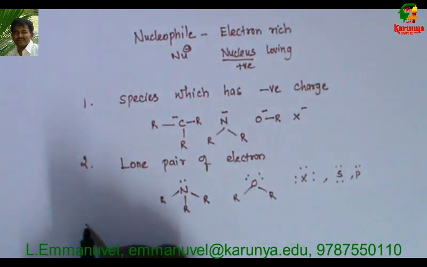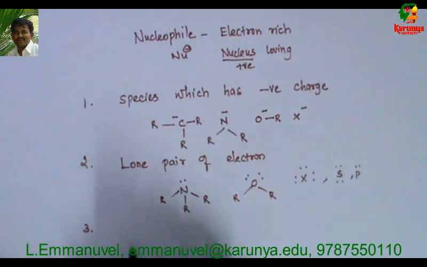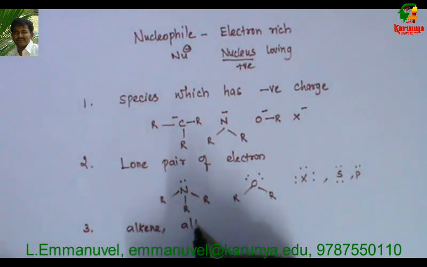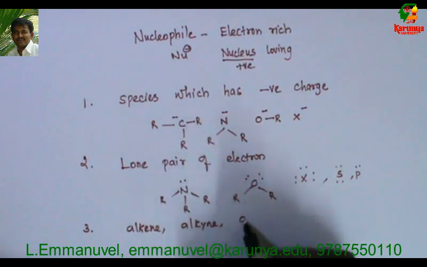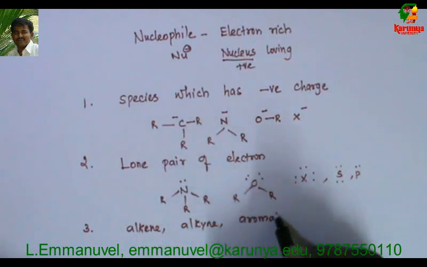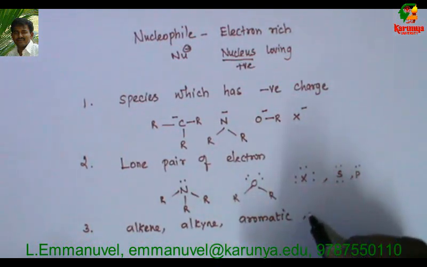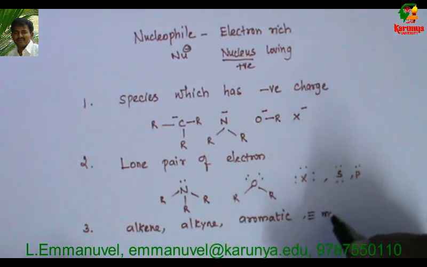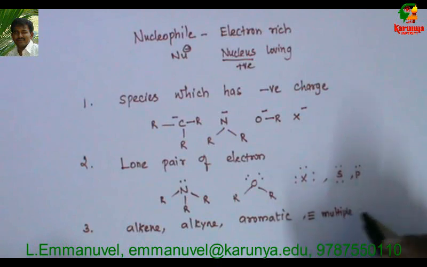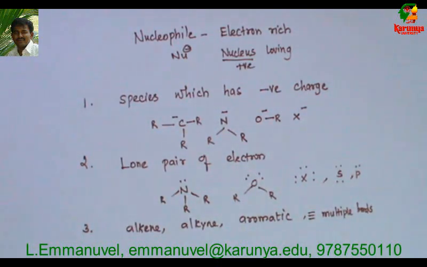The third category is alkene, alkyne and aromatic ring. In simple terms, multiple bonds. The pi bond is formed by the electrons present in the p orbitals.